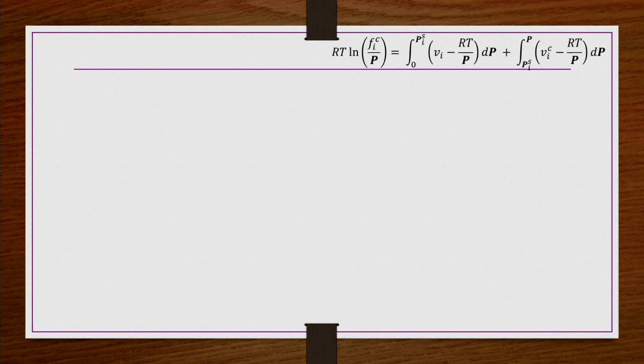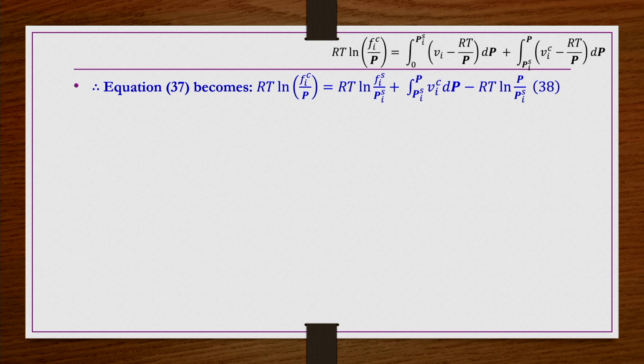Now I am integrating the same equation. By definition, the first part is nothing but RT ln(fi^S/Pi^S). The superscript S is used to differentiate the saturation pressure conditions. So the first term on the RHS is RT ln(fi^S/Pi^S), where S stands for the saturated phase.